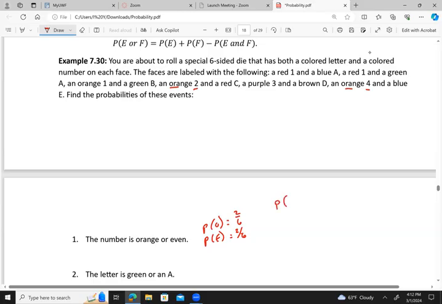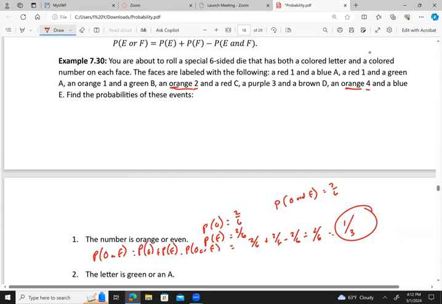And the probability of orange and even, note they both are the same, is 2 out of 6. So using this formula, we would have probability of orange or even equal to probability of orange plus the probability of even minus the probability of orange and even, which would be 2/6 plus 2/6 minus 2/6, which would be 2/6 or 1/3.